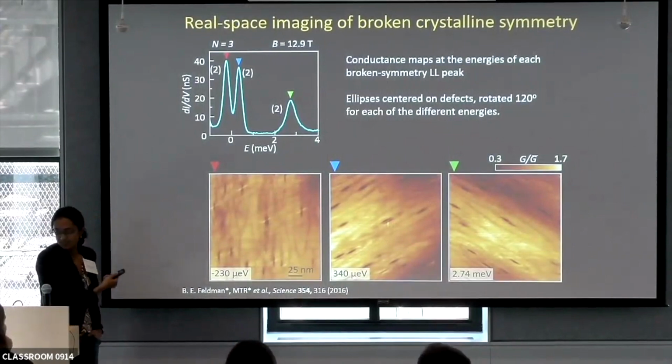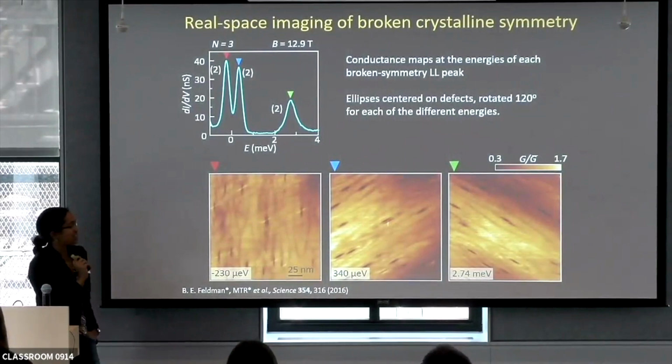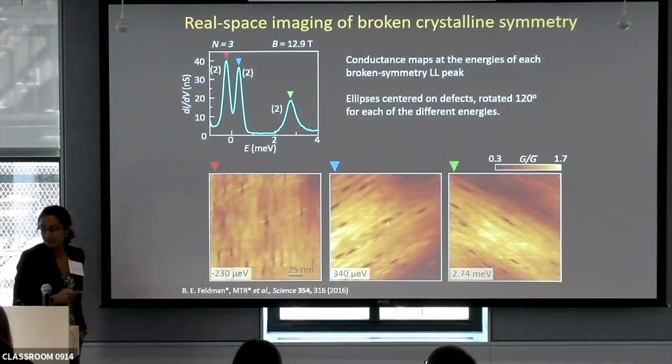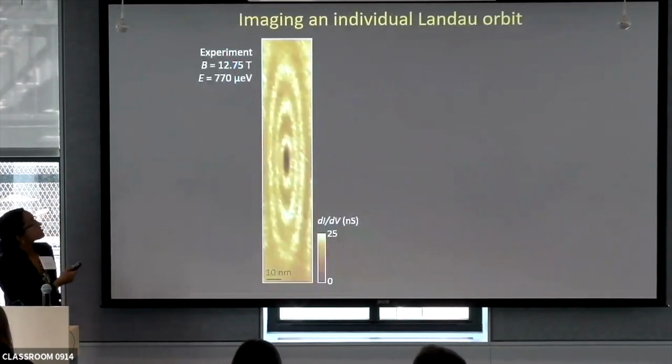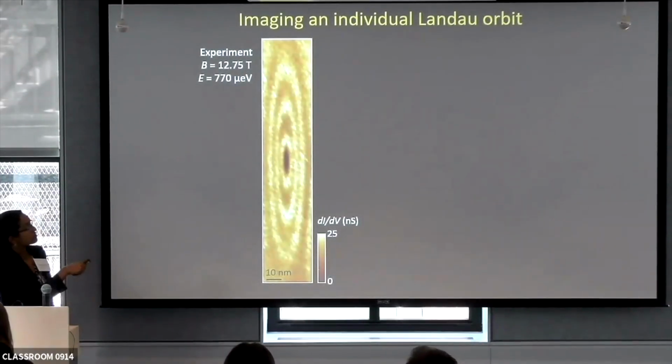And what these ellipses are is that they're actually individual Landau level wave functions pinned to defects that I don't have time to go into how we know precisely what they are, but I'll show you a zoom in just around one of these ellipses here. So this is an image of just one of these individual ellipses, which is an individual Landau orbit. And what you can see is there are actually several rings that correspond to the different nodes in the wave function.